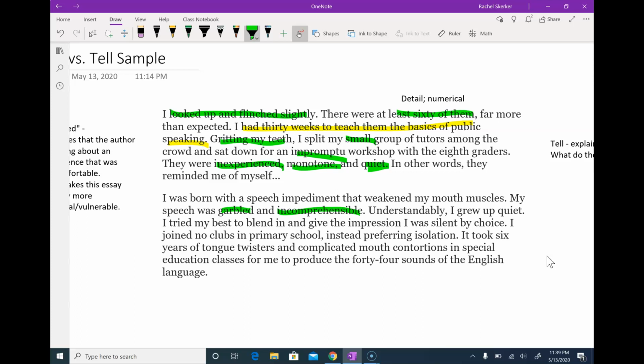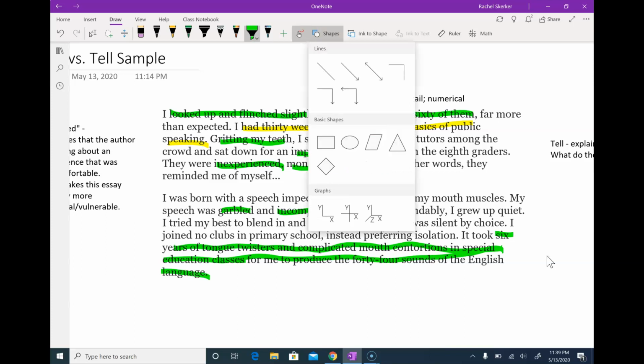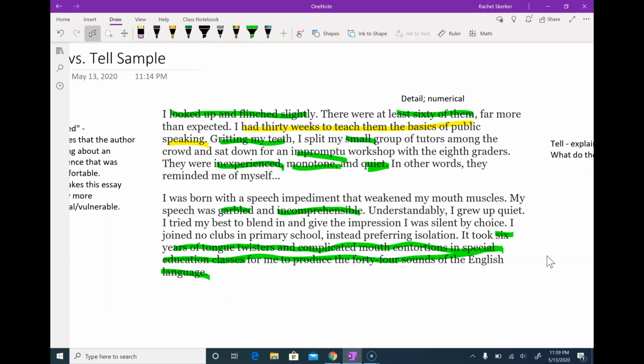It took 6 years of tongue twisters and complicated mouth contortions in special education classes for me to produce the 44 sounds of the English language. So rather than just writing, I was able to overcome this through special education classes. This person provides detail. They use time, 6 years of tongue twisters and complicated mouth contortions, 44 sounds of the English language.